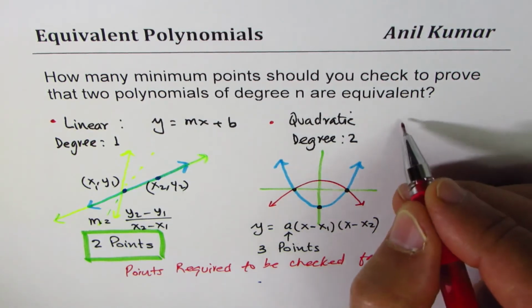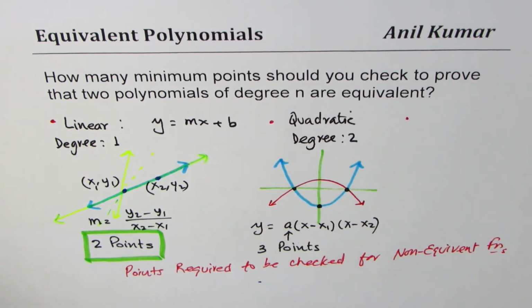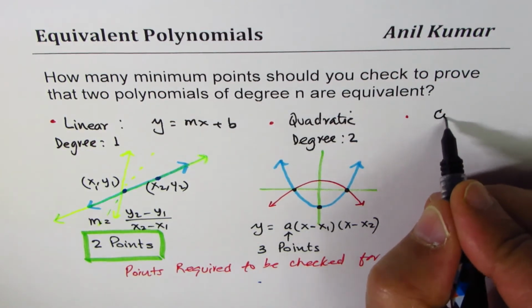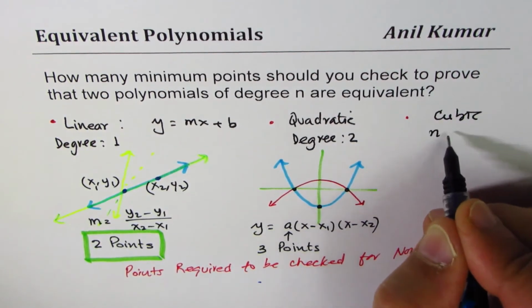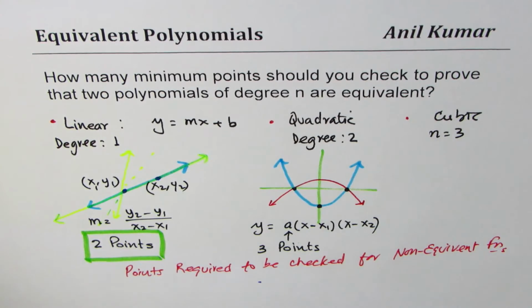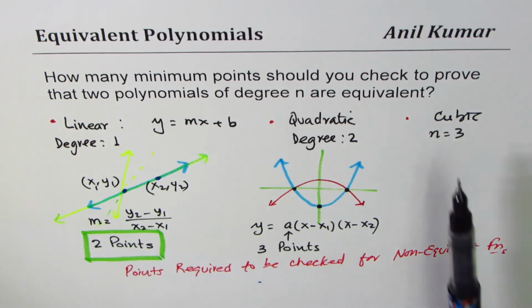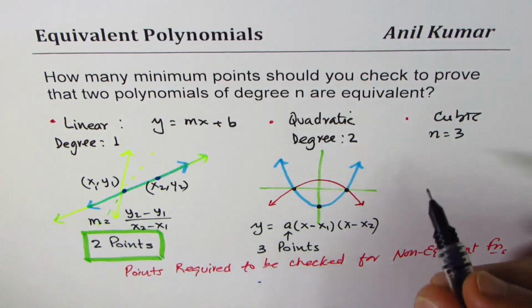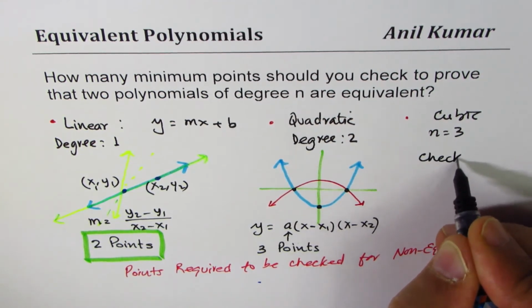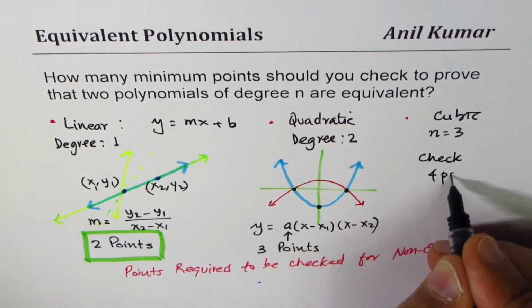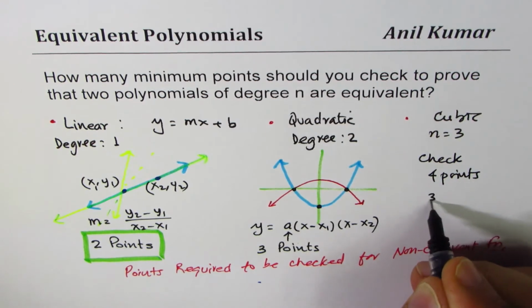So if I extend this to cubic, where n equals 3, how many points should we check for the two to be equivalent functions? You got it. We need to check 3 plus 1 points, right? So you need to check 4 points. That is 3 plus 1.